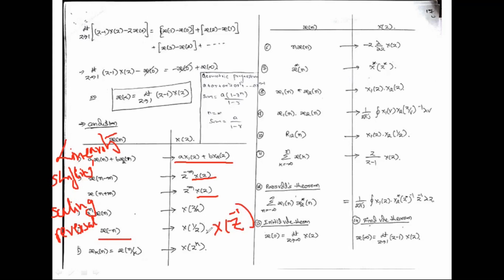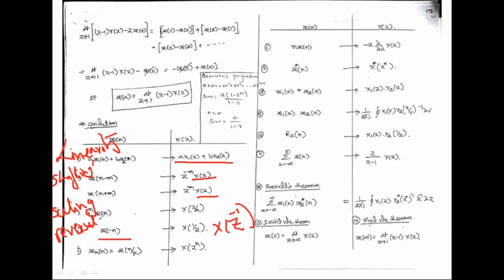Got it, my dear students? And similarly, x of n by k gives z power k. This will get into the time shift property itself, but here the time shift is in the multiplication factor z power m, but the k will get inside. Why is it inside?